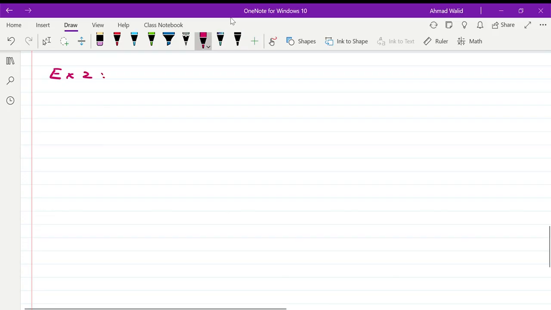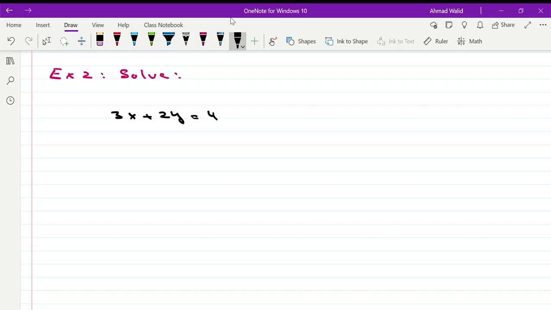Solve again. 3x plus 2y equals 4. And equation number 2 is given: 2x plus y equals 1. They're asking you to solve this system using the substitution method.